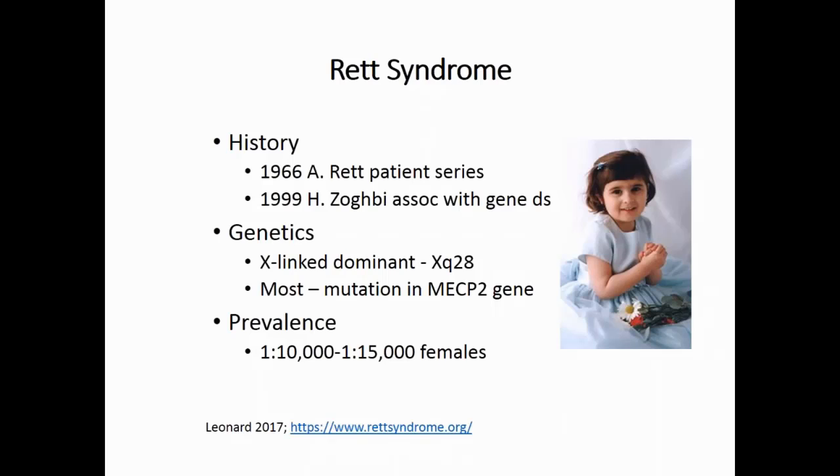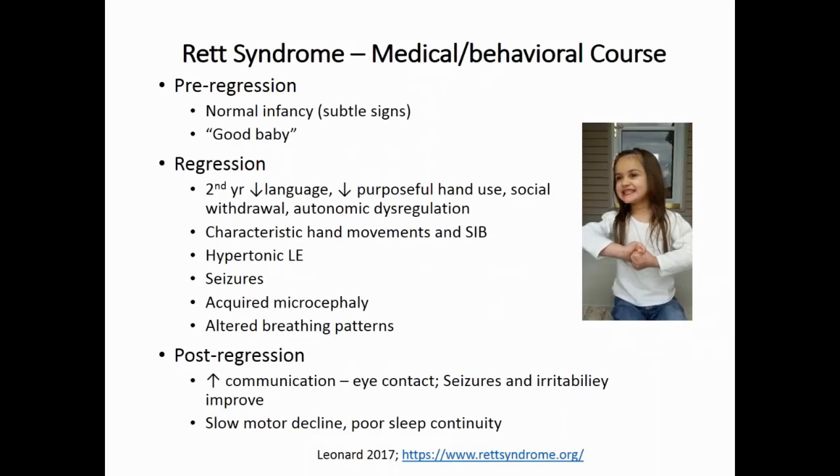This area of the X chromosome encodes an epigenetic regulator that's highly expressed in the nervous system. The prevalence of this disorder is 1 in 10,000 to 15,000 females and occurs in all racial groups. This is a progressive neurodevelopmental disorder, but not a degenerative disorder.